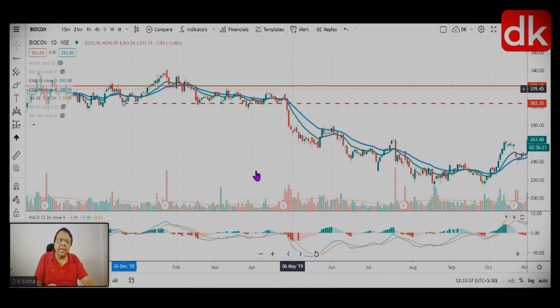So this is giving a very good short trading opportunity in the markup phase of the market, where we are combining the chart pattern with a critical rejection from the moving averages.